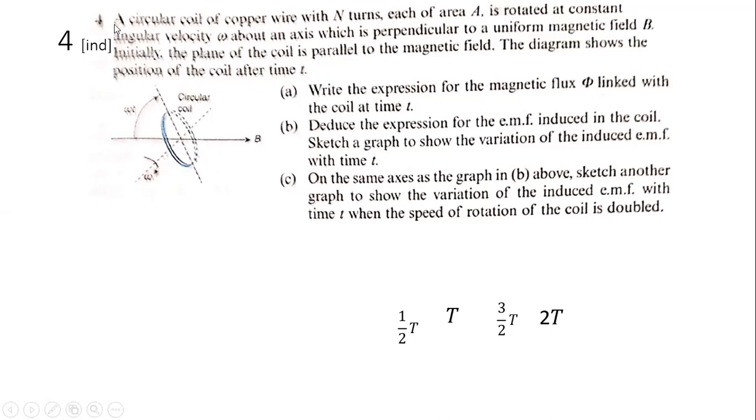You are told about an axis that is perpendicular to the uniform field. Initially, the plane of the coil is parallel to the magnetic field, so it's flat, horizontal. The diagram shows the position of the coil at time t. Right? So it has rotated that way. Right? That's the axis of rotation.